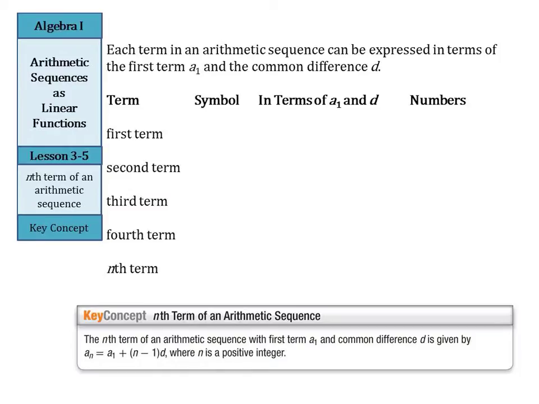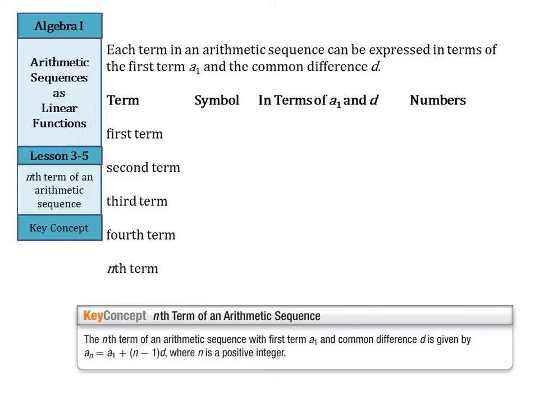Now there is a way to come up with a rule to determine what the nth term of a sequence is. It's one thing to find the next 3 terms, but what if we want to find, say, the 85th term or the 90 millionth term? We don't want to do all that much counting. So here each term in an arithmetic sequence can be expressed in terms of the first term a1 and the common difference d.